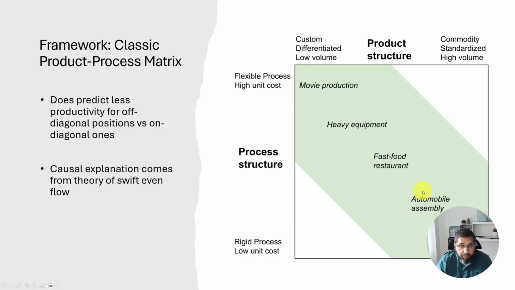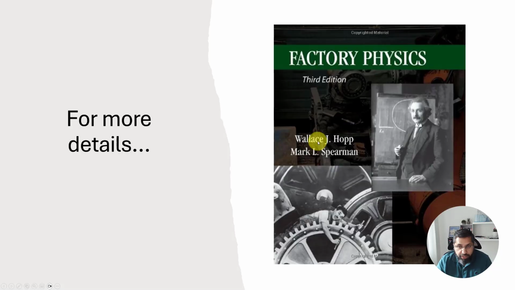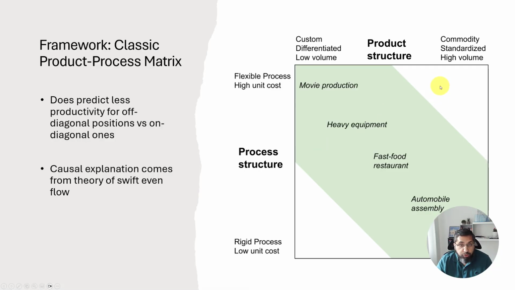There'll be so much setup time and so many changes between small production runs that you'll be better off doing it this way, right? So you can find explanations of why it's better to be on the diagonal, and you can make a prediction that the more you're on the diagonal, the better performance you're going to have versus companies which are off the diagonal.